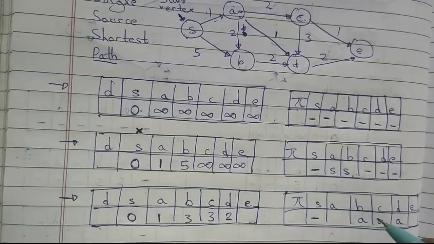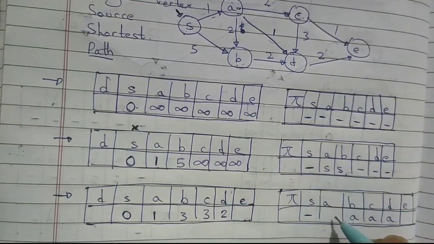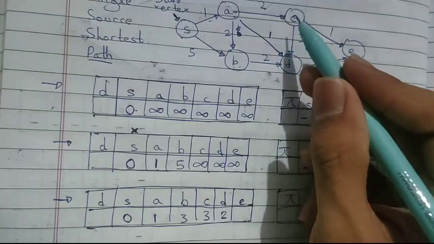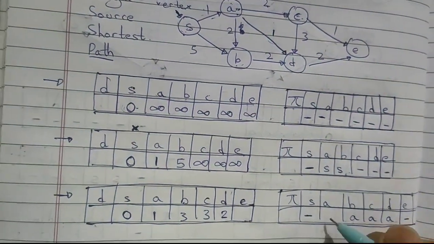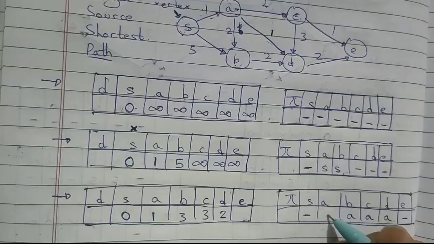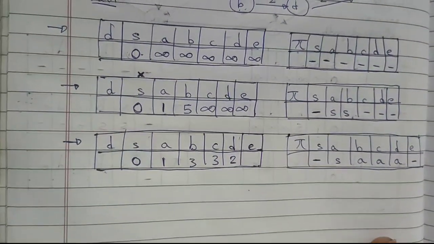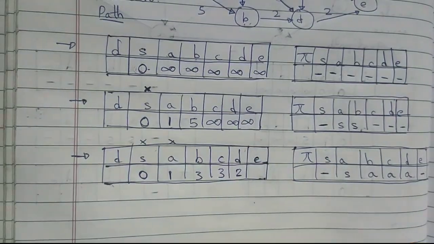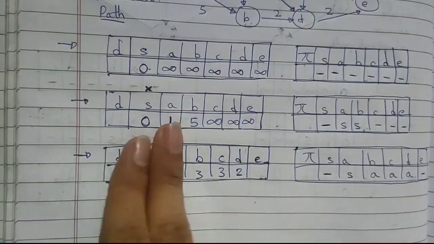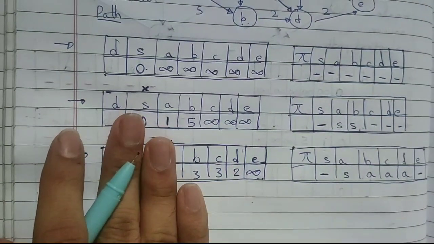Yes, it is. So we update this entry and update the previous node of B as A. All the other vertices will remain the same because we have finished processing all the adjacent nodes of A. So E was not defined and this one was S. Now we finished processing this and this.